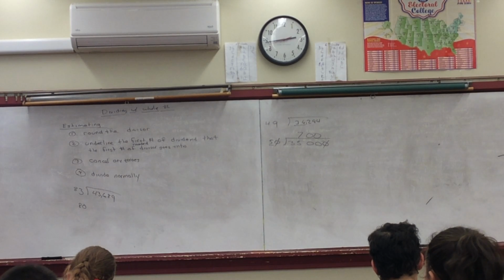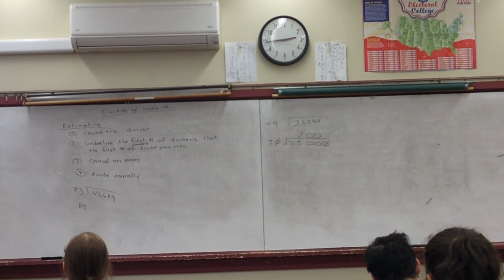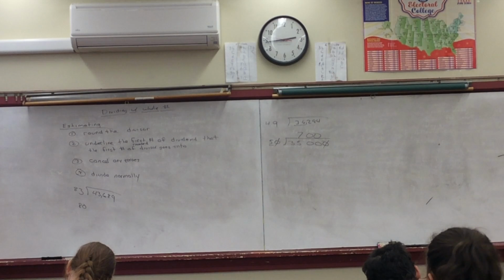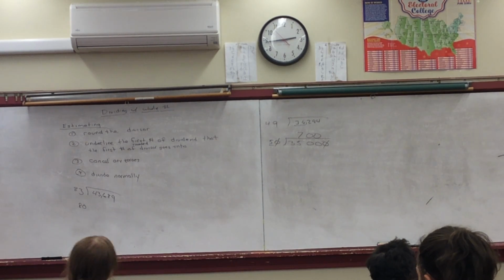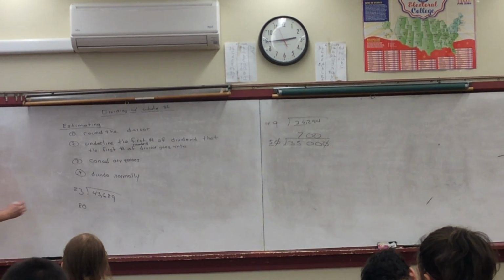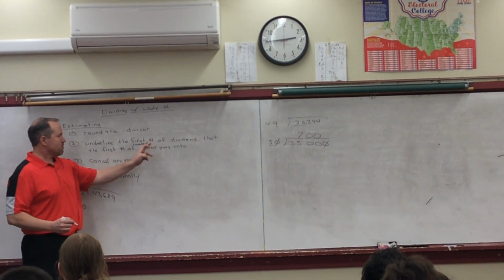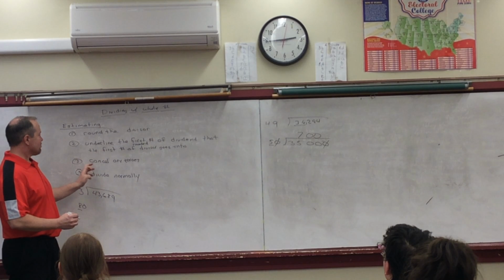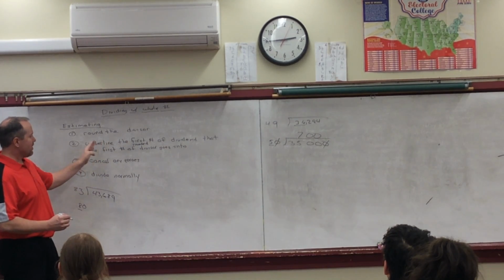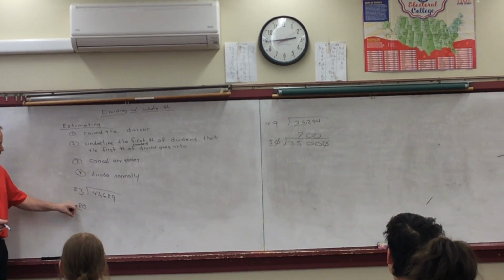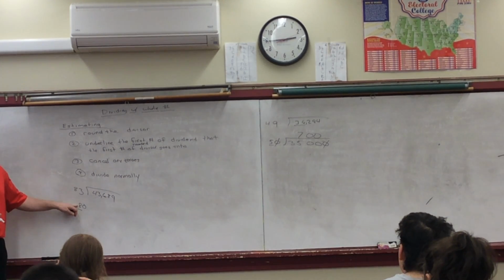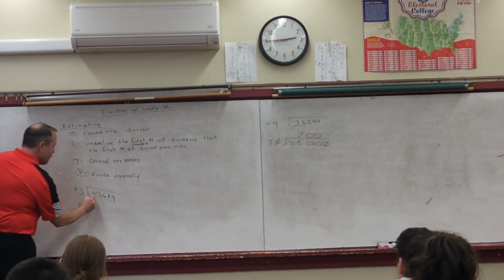Look at step 2. You're going to underline the first two numbers in the dividend. How about I first underline the 8? Underline the first number. Oops. So I should have said underline the first number of the divisor. Now, what's the first number that the 8 goes into? It goes into 43. So I'm going to underline the 43.